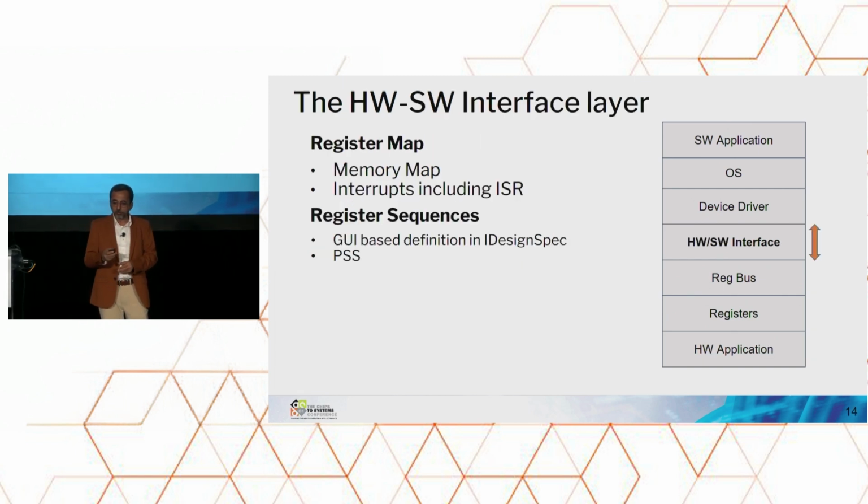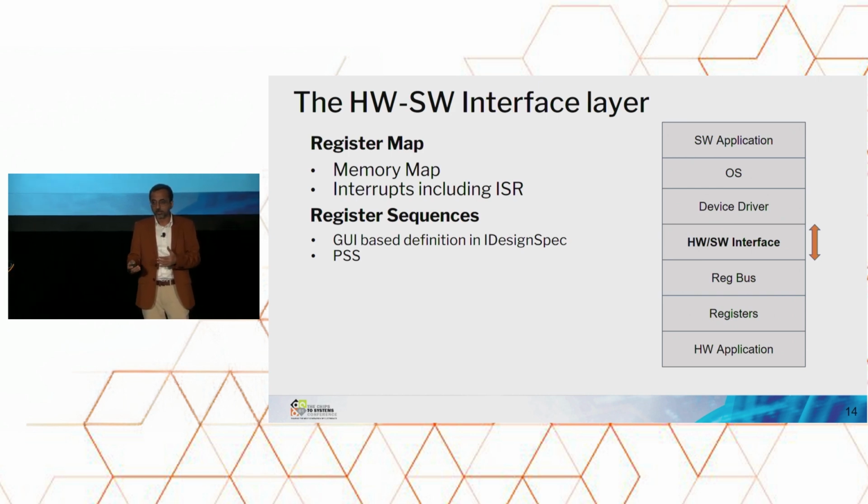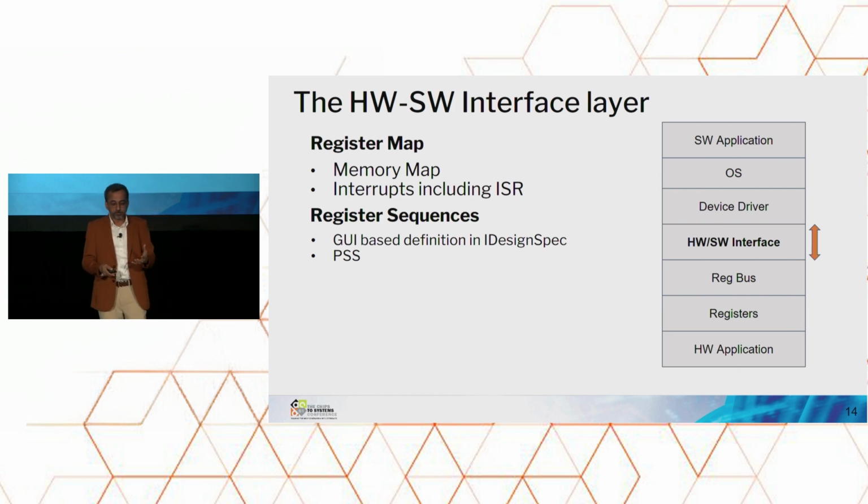And now going back up to the hardware-software interface. The hardware-software interface has the register map, which is basically the memory map and interrupts, including the ISRs, the interrupt service routines. That's the interaction between the hardware and the software. But that's only the storage part. There are also the register sequences.